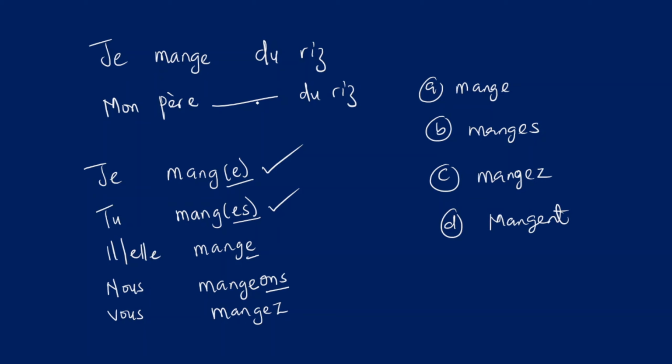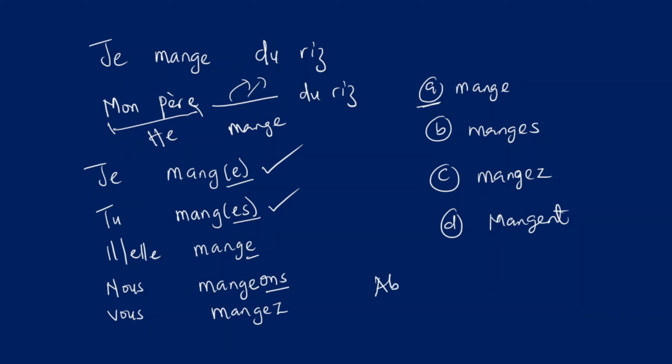So which do you think will suit this place? Which do you think will be the best to fill this? Mon père. What is the personal pronoun that can replace mon père? That will be he, right? So for he, what is the very best verb form to conjugate he here? So that's it. Mon père mange du riz. Can you see what I'm talking about?